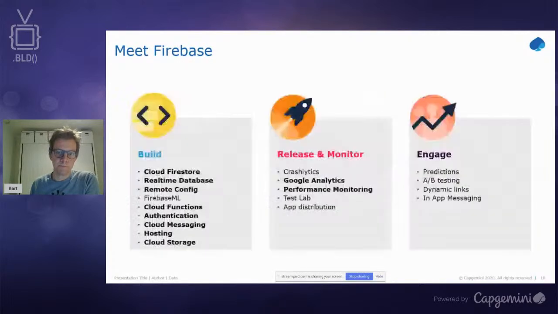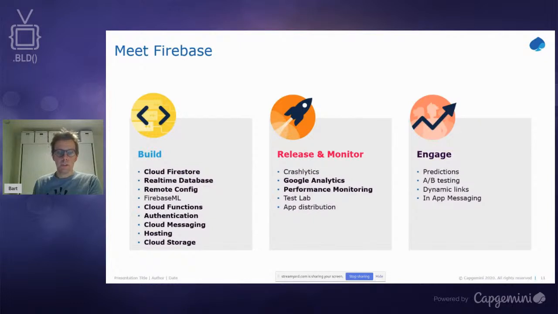Okay, so what are these services and tools that they provide exactly about. Firebase has categorized them into 3 categories, the first being Build. Those are the tools and services that you need to actually build something.